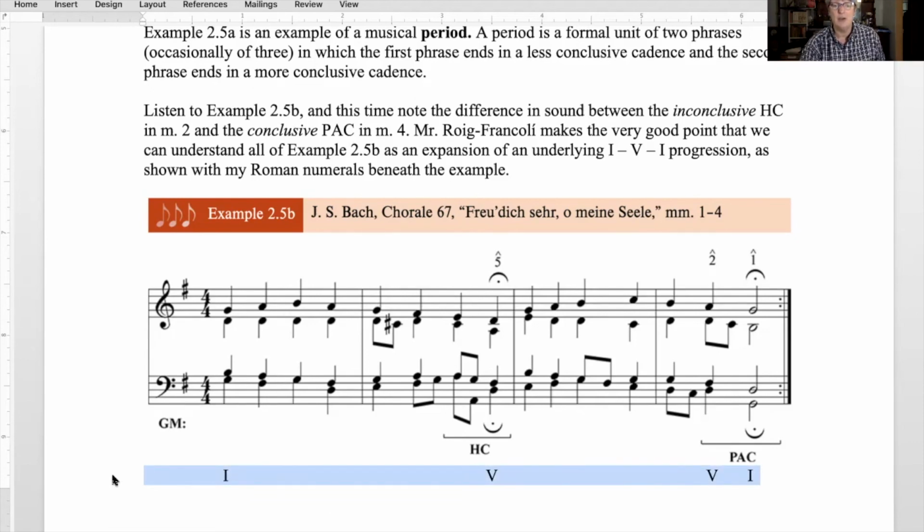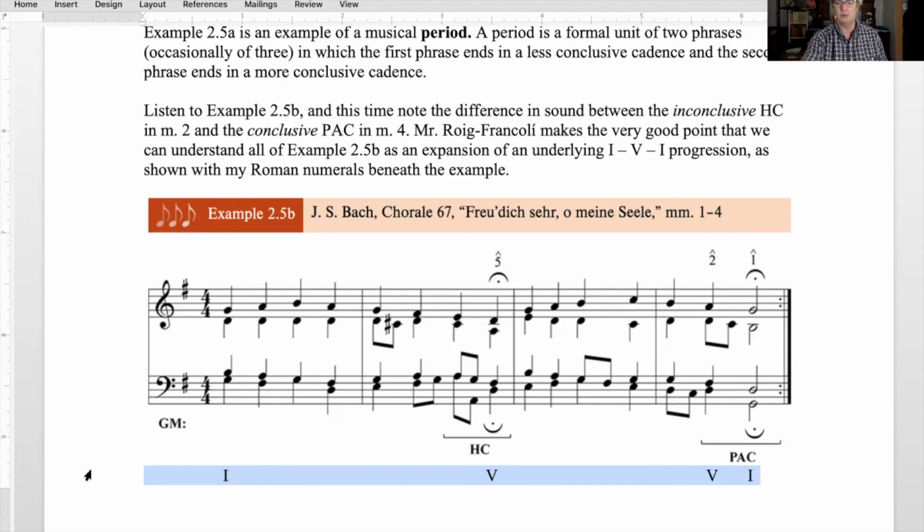It's not uncommon in music to have the same structures that exist at the local level and then also at a larger level. So looking at the beginning of this, we have a 1 triad and then a first inversion 5 triad and then another 1 triad. So that's a 1-5-1 at a very small local level within a single measure.